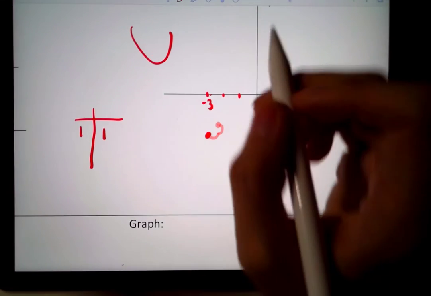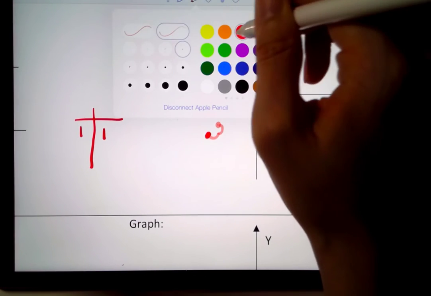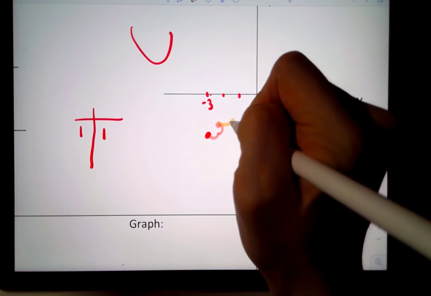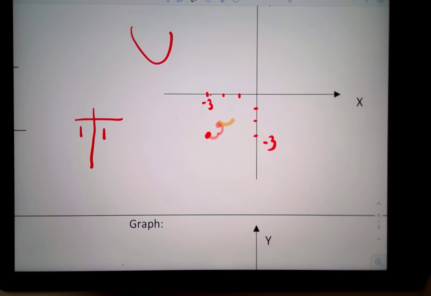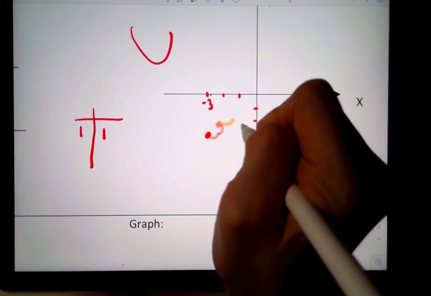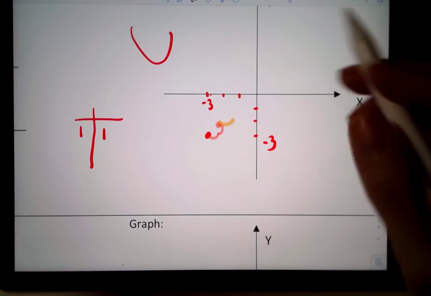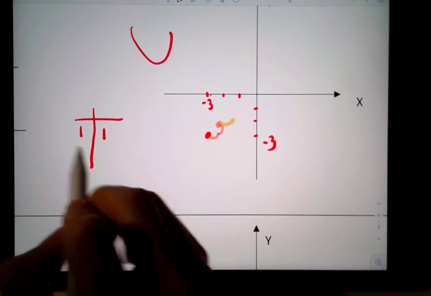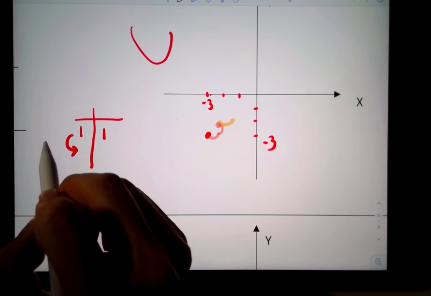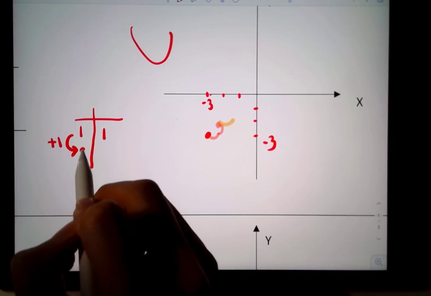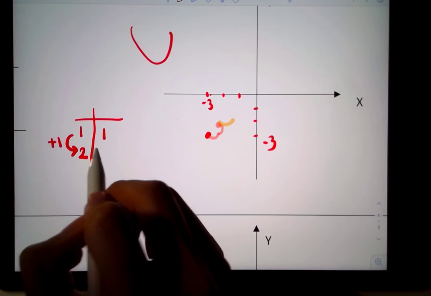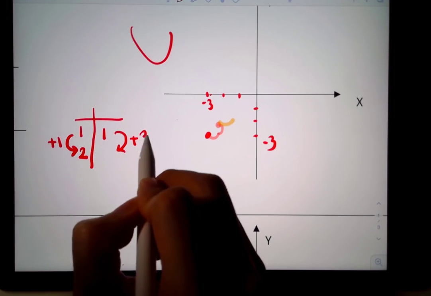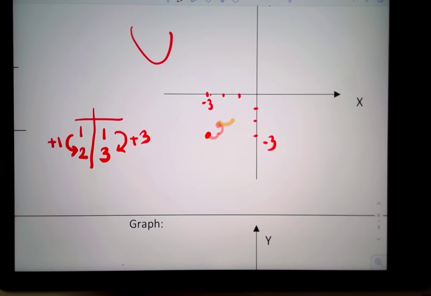Okay? And then you go another 1 to the right. Another 1 to the right, right? So from the vertex, that'll be 2 to the right. Then you go up 3. All right? So another 1. So I'm gonna write +1 here, and then I'm gonna write 2 here. Then that's +3, like this.